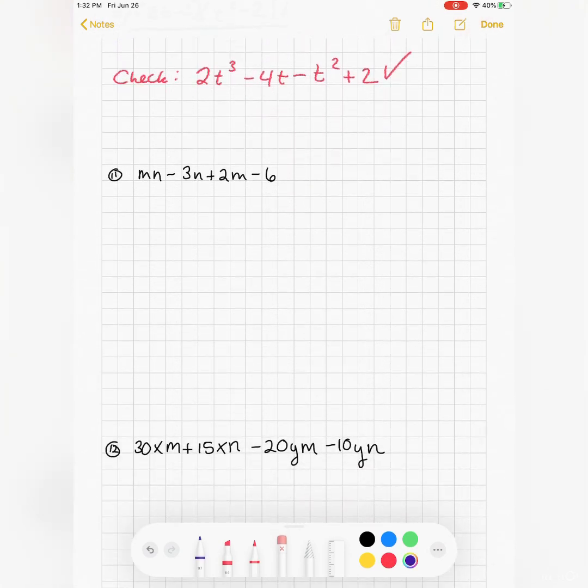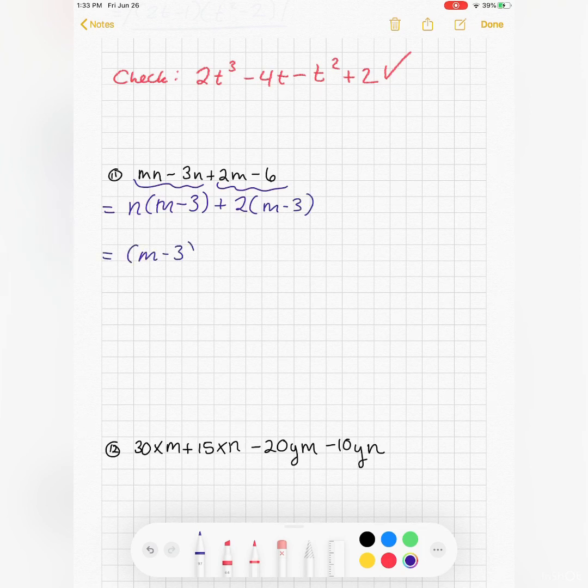Okay, how about 11? Okay, nothing can come out of the whole expression. So I group. First group, I can take out an n as a GCF. Second group, I can take out a 2.